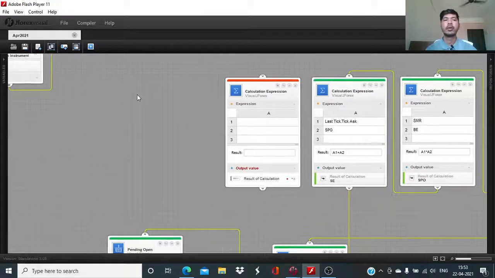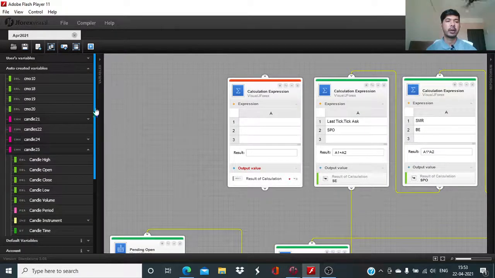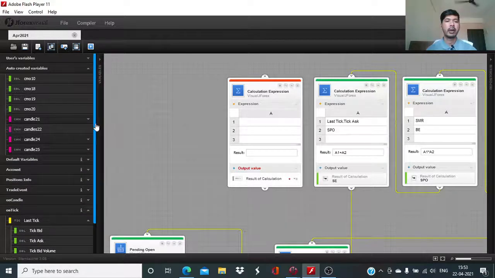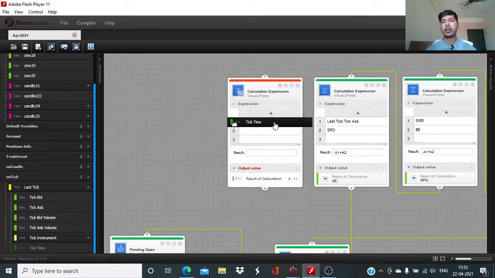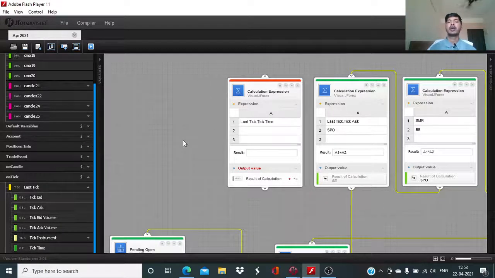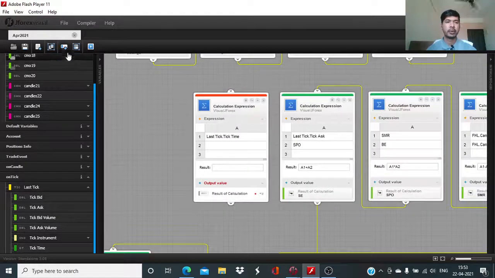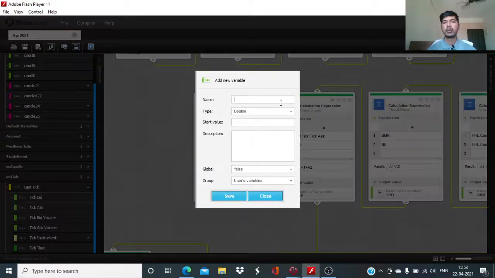All we need to do is take last tick time and add 3.6 million ticks multiplied by 2. So I will create two new variables, one with the value of 2 and one with the value of 3.6 million.